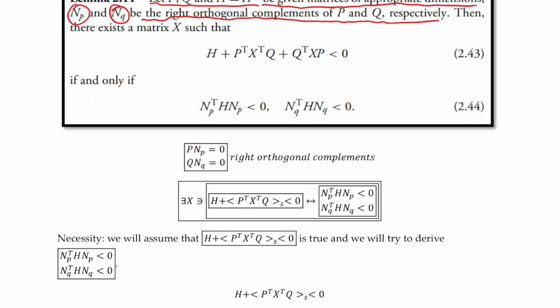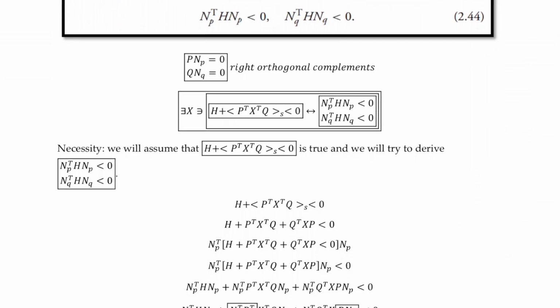So it complements, right? Basically, a perpendicular type of relationship is being given here. Let's continue. This is a technical term, not that significant or that hard to understand. So the lemma can be stated here.